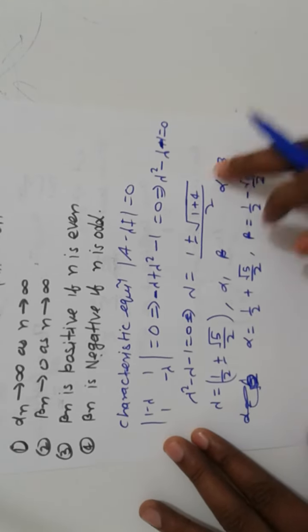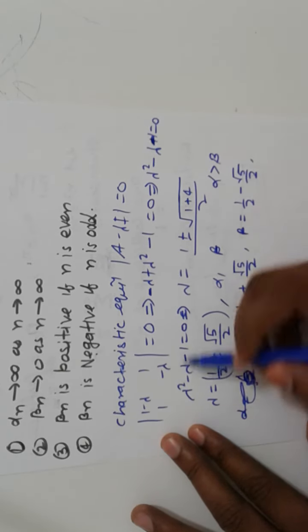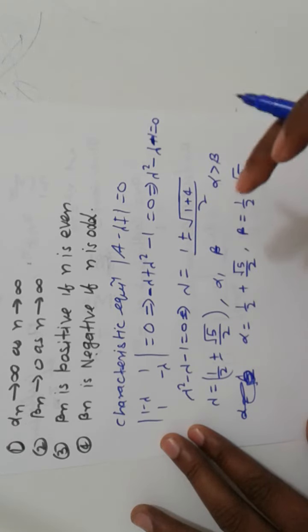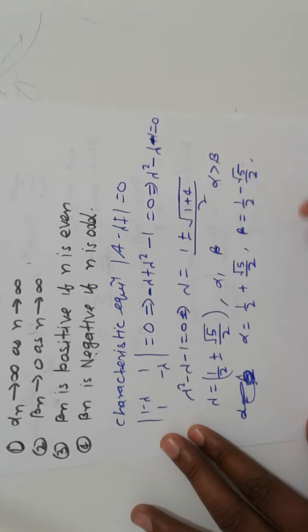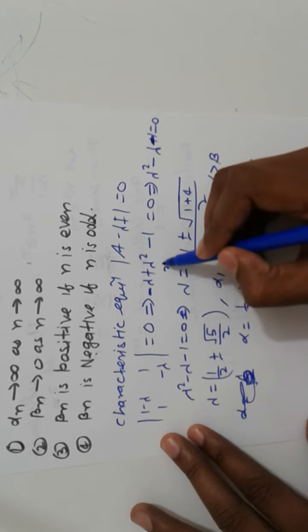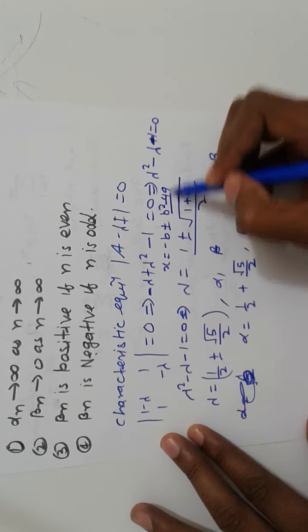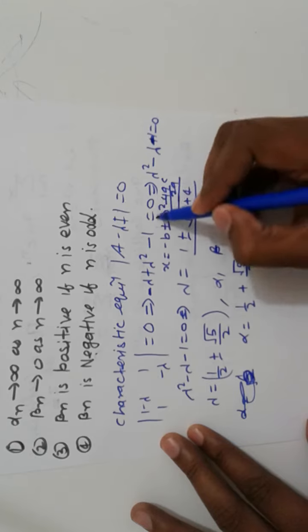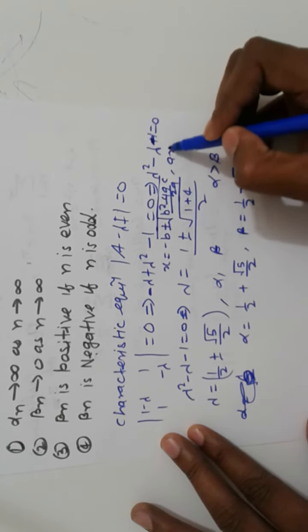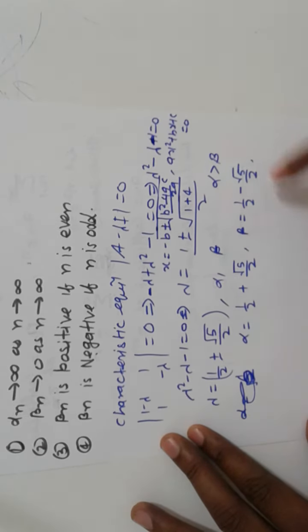How can we find this? Using the Sridhar Acharya method and simplify: x is equal to minus b plus minus under root b square minus 4ac, upon 2a, the formula when the equation is of the form ax square plus bx plus c equal to 0.